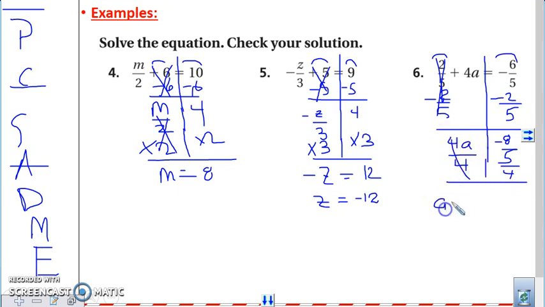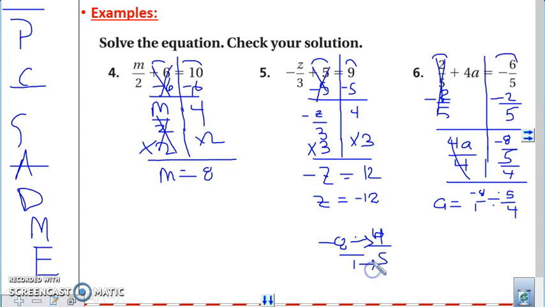Now we'll have a equals negative 8 over 5 divided by 4. Copy, dot, flip: negative 8/5 times 1/4, then multiply across.